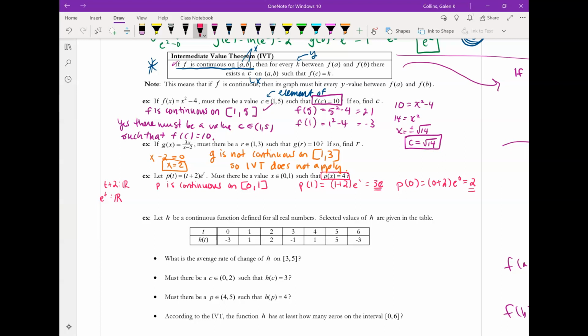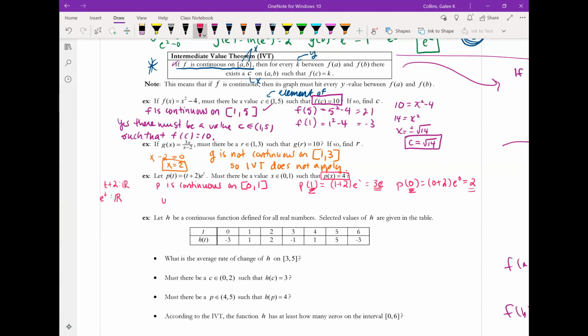So the question: must there be a value x on the interval 0 to 1 such that p of x equals 4? Yes, there must be. Somewhere between 0 and 1, this function has to be 4 because it's a continuous function.